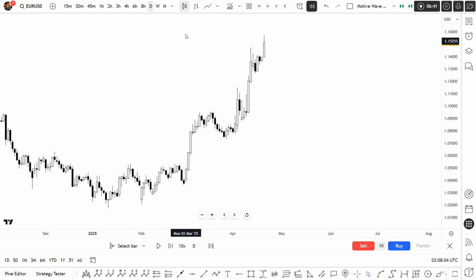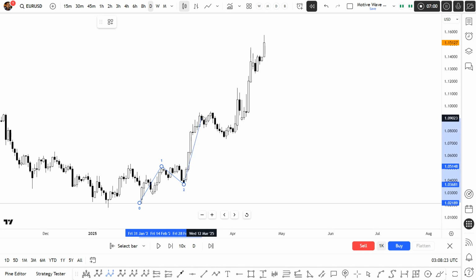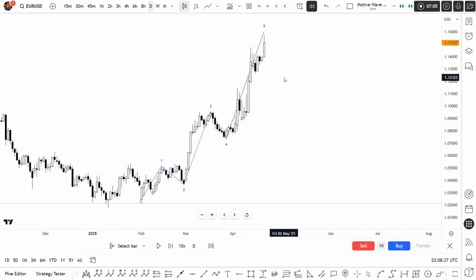Okay. Now, if you look here, this is a daily time frame chart. Here is our support level, right? Let's use this as our support area. We want to start counting this wave now. I can easily label this as my wave 1, wave 2, wave 3, wave 4, wave 5.